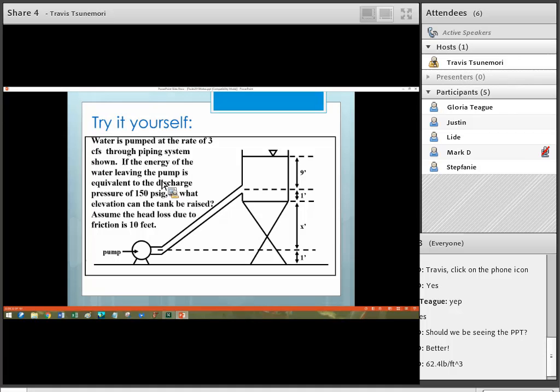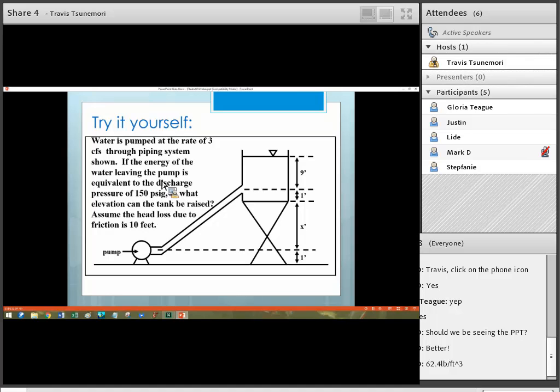So that's going to be P over the specific weight, plus the velocity term. It's an instantaneous kind of measurement. At that instantaneous moment when the water is leaving the pump, it has no velocity, but it's all pressure, and that pressure is 150 psig.